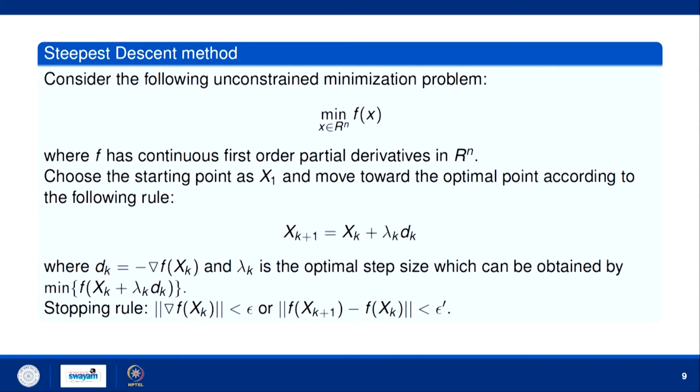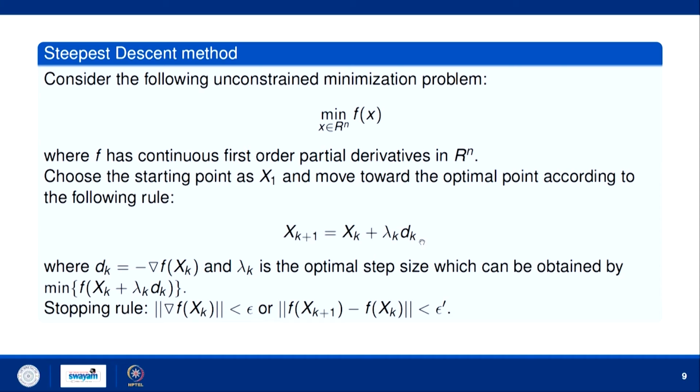Okay. Now, what is the numerical algorithm? The algorithm is, you first choose a starting point x 1, the initial guess, and move toward the optimal point according to the following rule. The rule is the same rule which we have discussed initially, that x k plus 1 is x k plus lambda k d k.